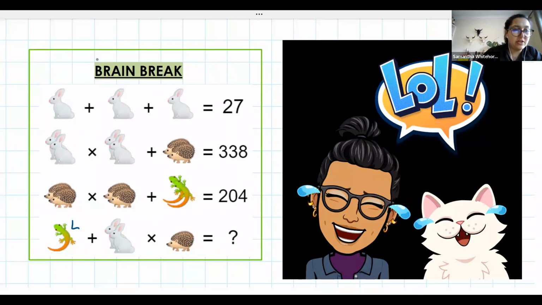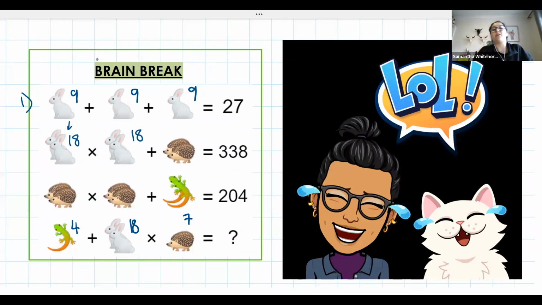Perfect. Okay, so that's our final step. Well done. So guys, if we just have a look at where we got those values from. In the first equation, you've got 3 rabbits adding to 27, which means all of these numbers have to be the same. So all of the rabbits are 9. Now you've got a double rabbit, so that means each of these is 18.